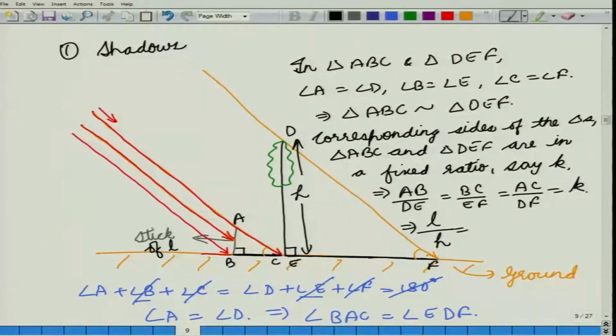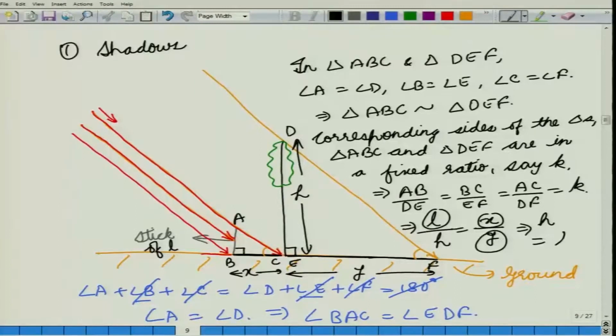Now, BC is the length of the shadow that is cast by the stick at this time. So, BC is equal to x. EF is the length of the shadow cast by the tree, say y. So, x upon y. In this equation we know L, we know x and we know y. So, we can get h is equal to L into y upon x.